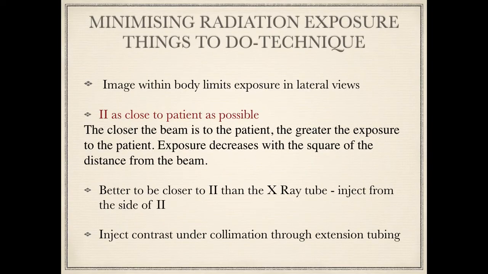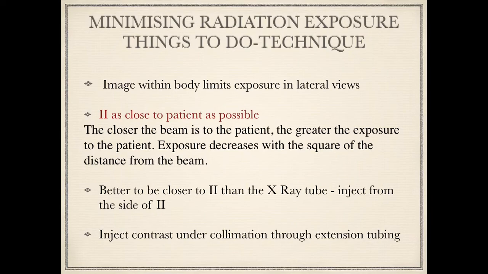Going back to things you can do in terms of the technique you are using to minimize the radiation exposure, simple things like don't try and image beyond the body surface area, because when there is air or the table coming into view, the radiation exposure required changes, and often you need multiple views with more intensity to get a better image.